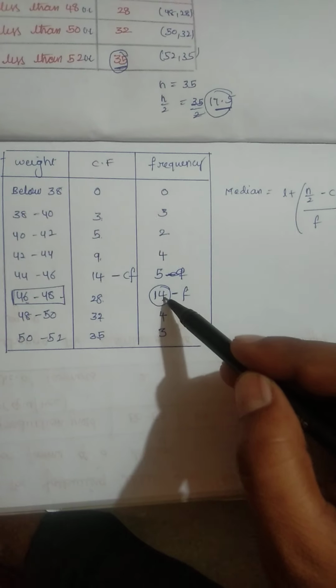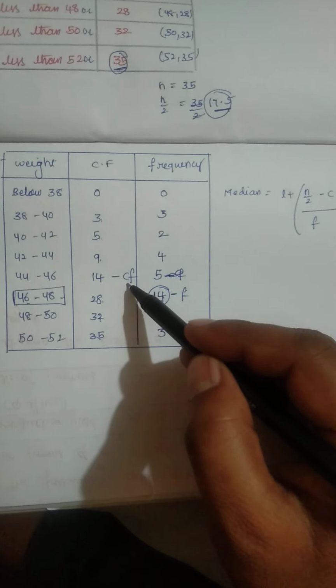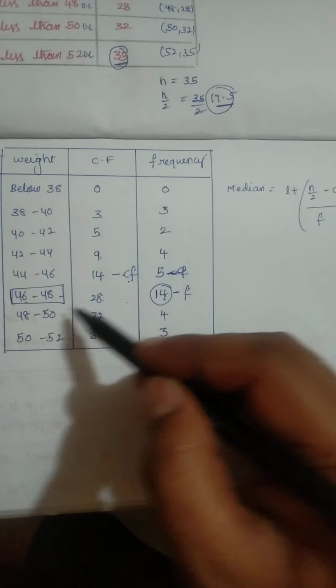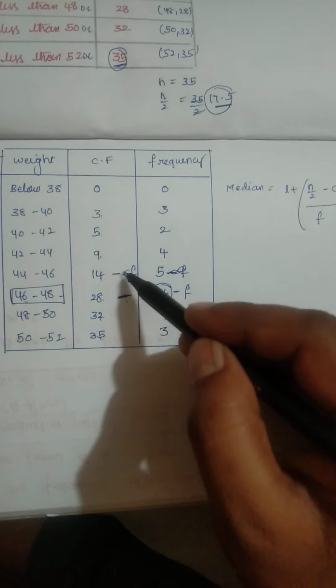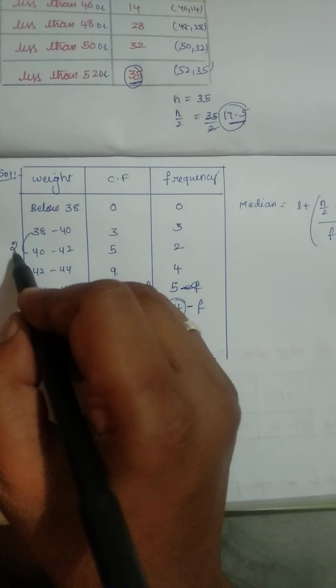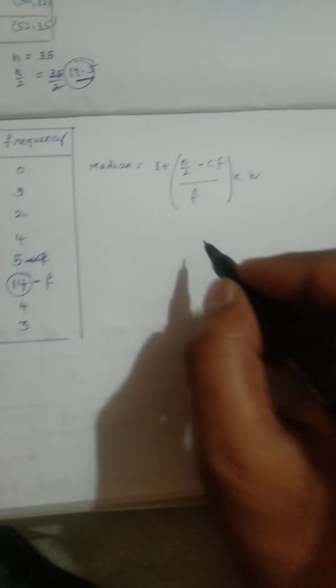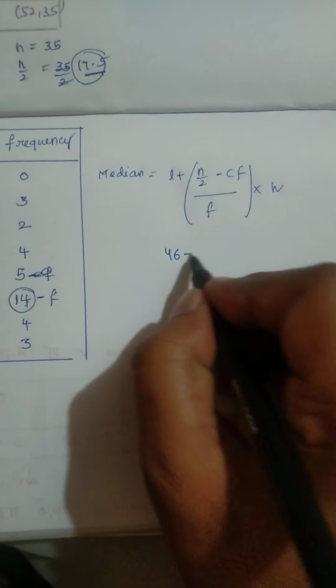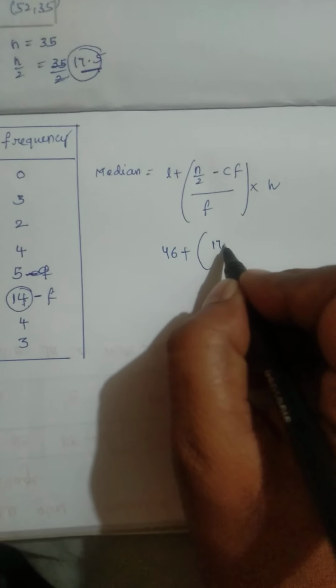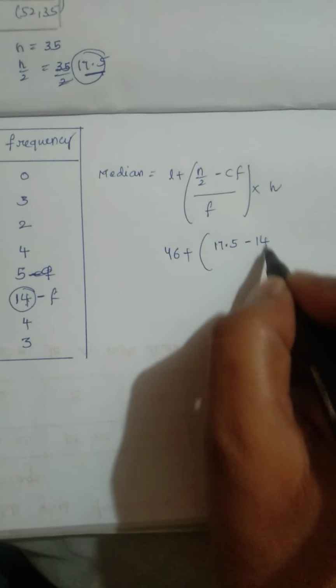Corresponding frequency is 14. CF is the cumulative frequency of the class preceding the median class. Median class is this. Preceding is CF. So difference between two successive class intervals is 2. So our lower limit is 46. So let me substitute: 46 plus 17.5 minus CF, which is 14.